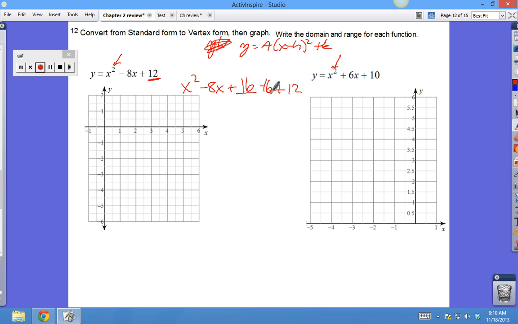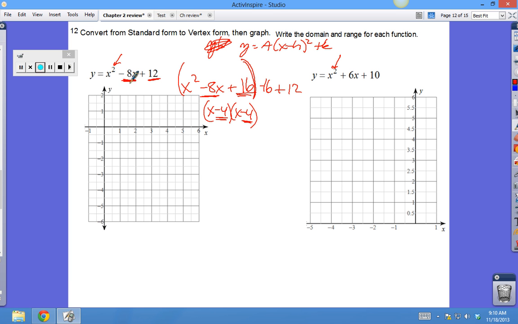Take it right back. Because if I add something and take it away, it's like I never was there. I never touched it. Okay, now, if the number is 16, you can factor this as (x minus 4) times (x minus 4), because a minus 4 and a minus 4 will add to give you a -8, and a minus 4 times a minus 4 will give you a 16. So that's how I found 16.